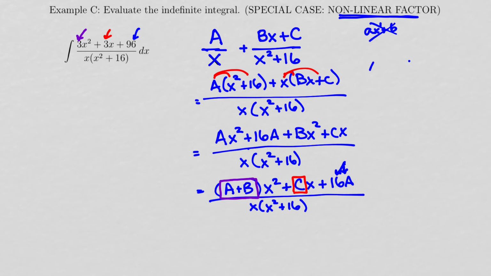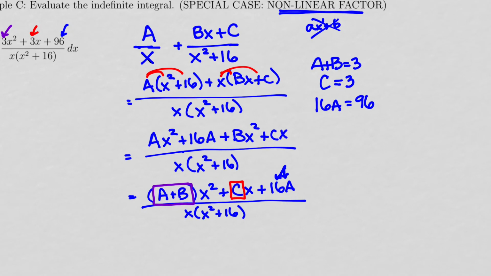So I get a plus b equals 3, c equals 3, 16a equals 96. So I get 3 relationships. Did you guys get 3 relationships? A plus b is 3, c is 3, and 16a is 96.